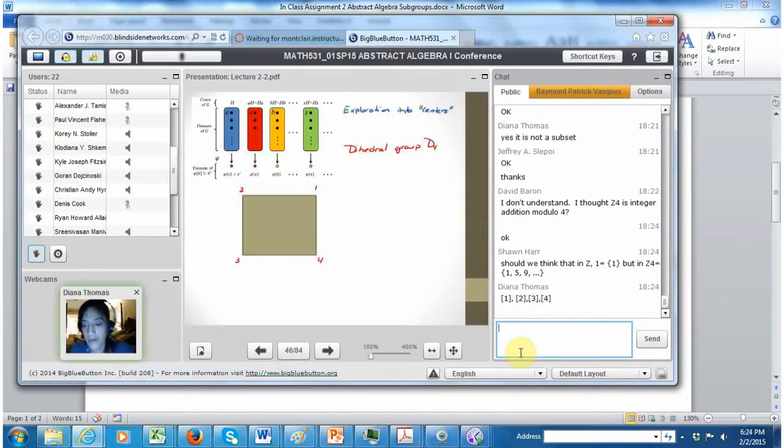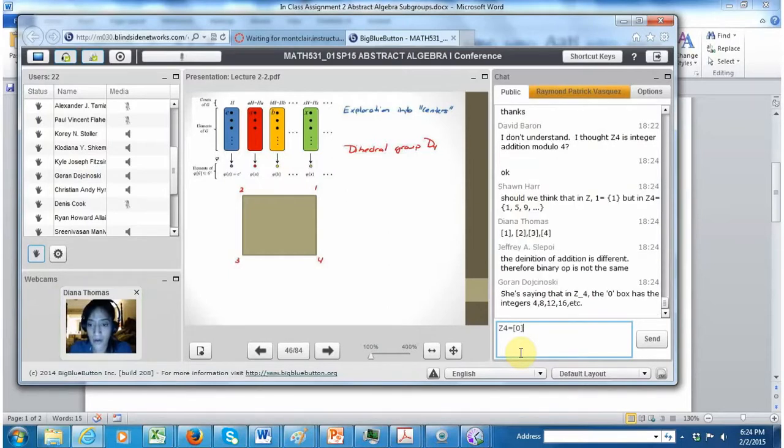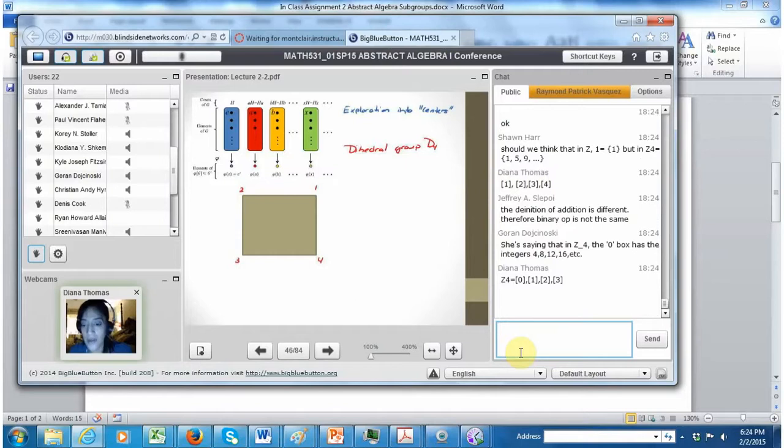Have you ever seen them describe Z4 as the set 0, 1, 2, 3, but they put little hash marks around it like so? I don't know if you've ever seen that kind of notation before. Hungerford uses it. They're very careful to use this notation so that students can see that they're not talking about a single integer. Each one of the objects in Z4 is a whole set.